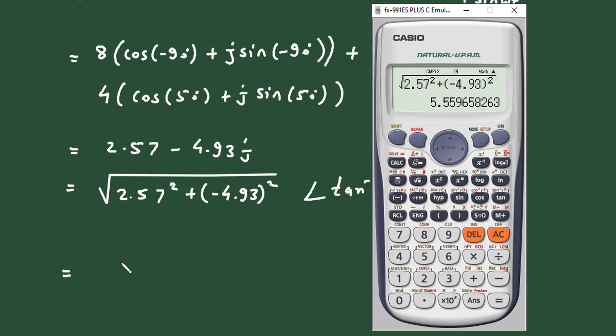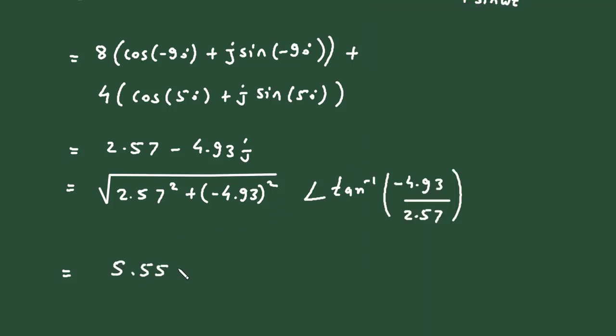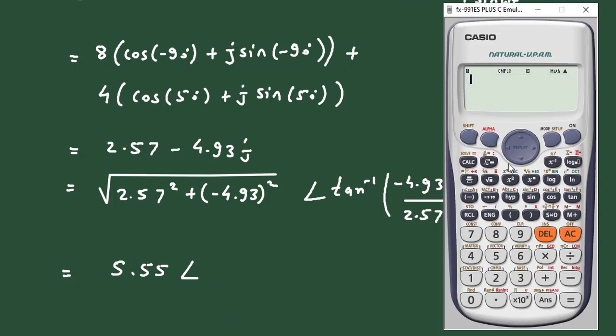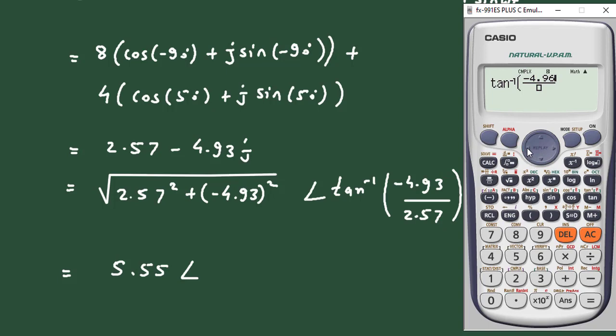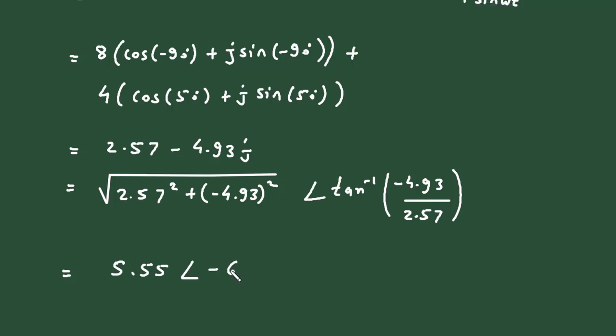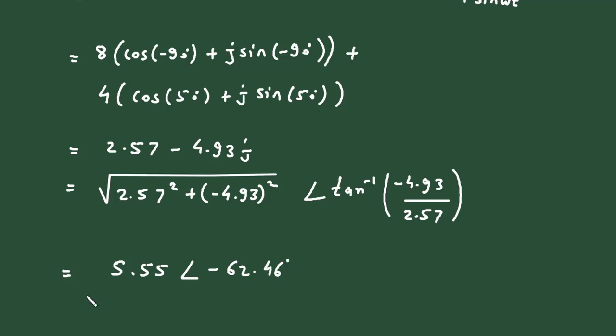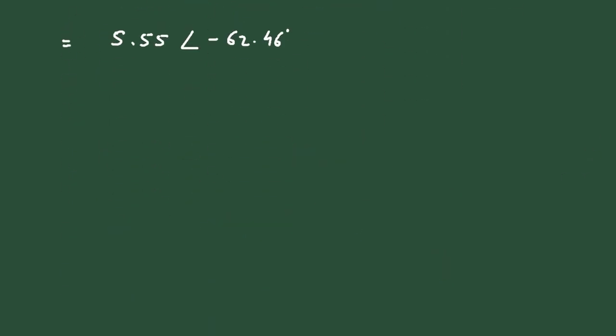So it is 5.55 at an angle tan inverse of minus 4.93 divided by 2.57, so it is minus 62.46 degree. So now this is in polar form.